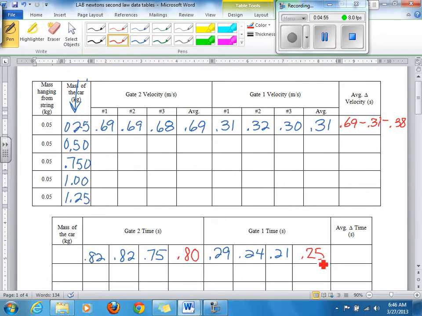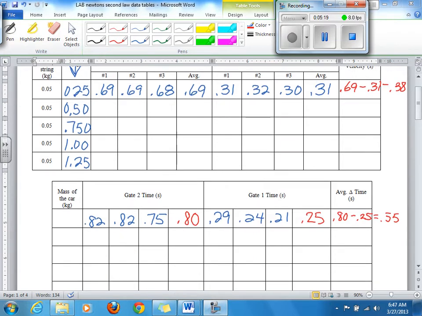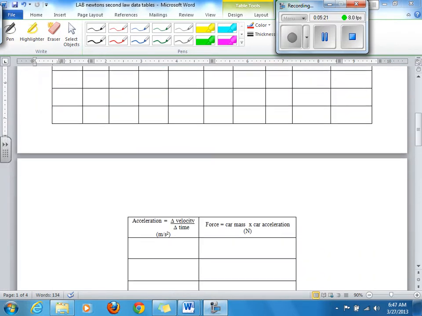Okay? So again, my average change in time was from 0.80 minus 0.25 equals 0.55. Okay. I'm going to take these two numbers and flip those over here.